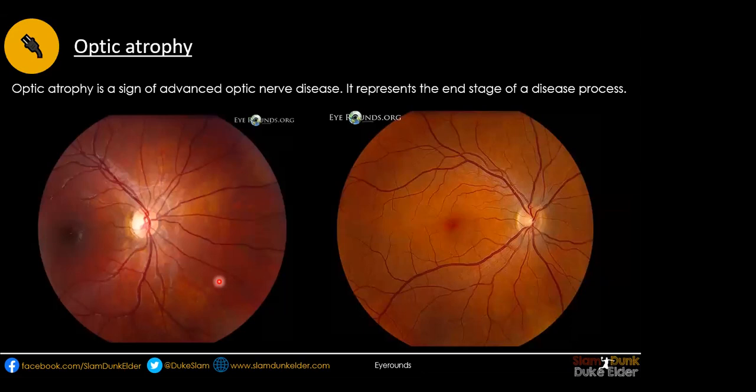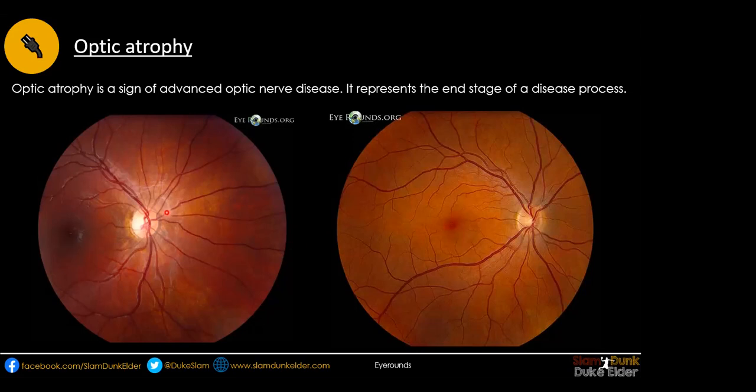So optic atrophy is the end stage of a disease process. It's generally a sign of advanced optic nerve disease. So on the right side, you've got what we'd say is a normal optic disc. So you've got very, very lovely clear vessels. The disc is a nice colour, and the disc margins are very clear. In an eye with optic atrophy, you've got a very sort of dirty grey disc.